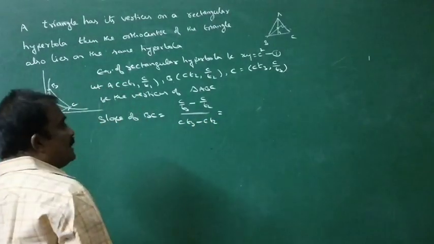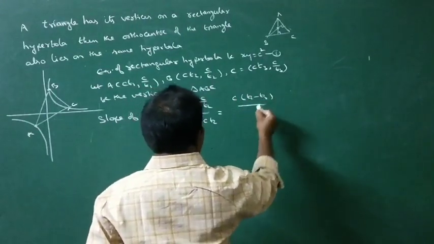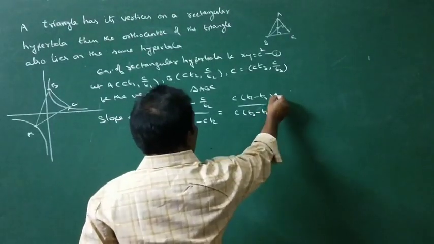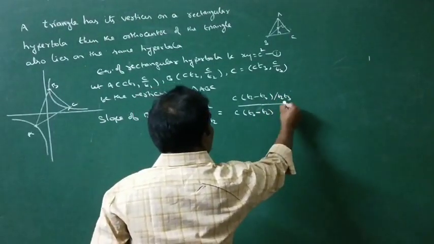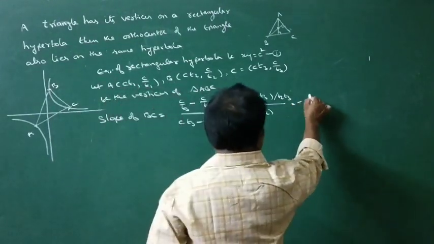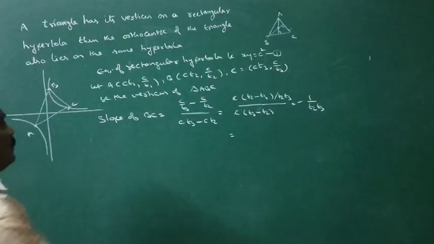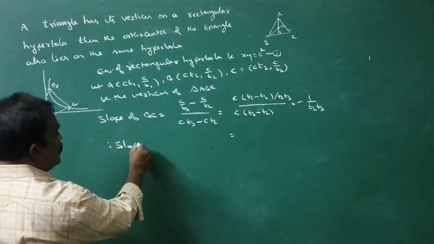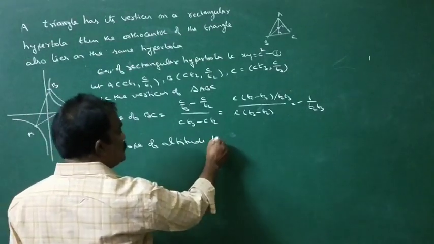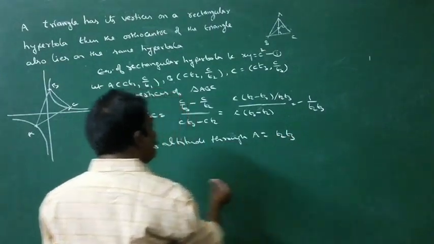By taking t2 t3 as LCM, c(t2 minus t3) by c(t3 minus t2) by t2 t3. Now by cancelling these two, we are getting minus 1 by t2 t3. Therefore, slope of altitude through A equal to t2 t3.